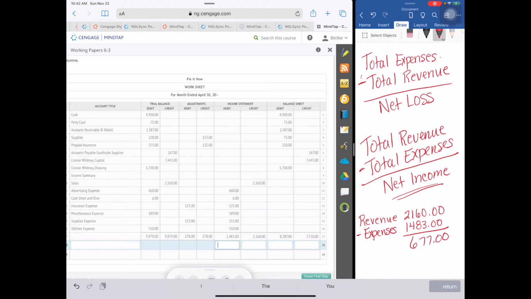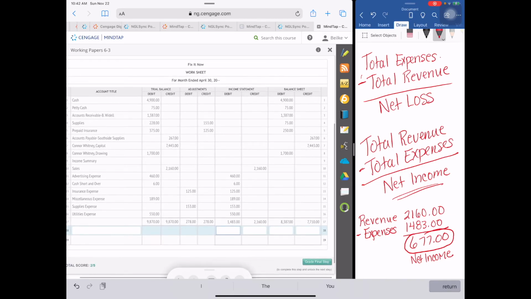We're going to take this amount here, which is our net income, and place it in the smaller of the two columns in your income statement. You will notice that the debit column is smaller than the credit. So we will place that number, $677, which represents our net income, into our income statement debit column.